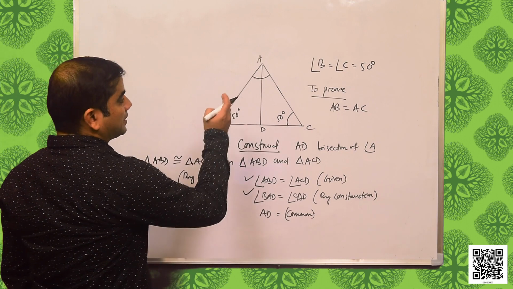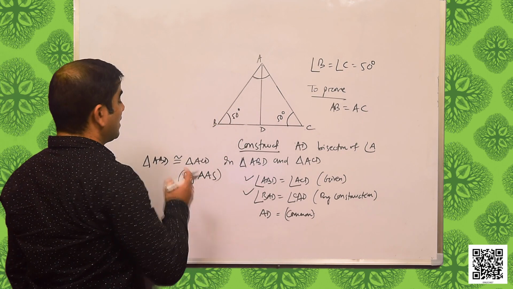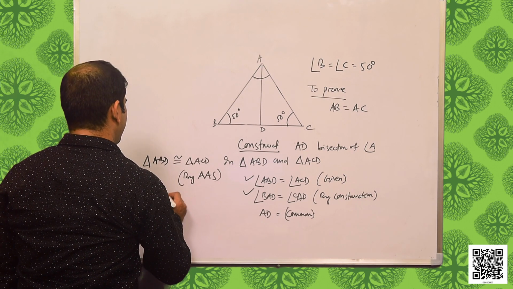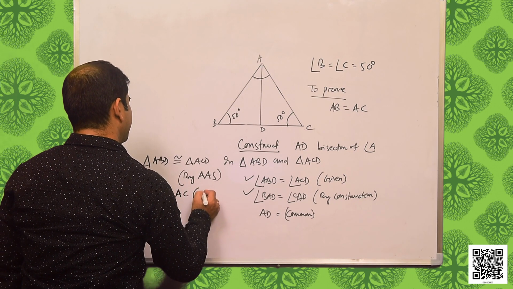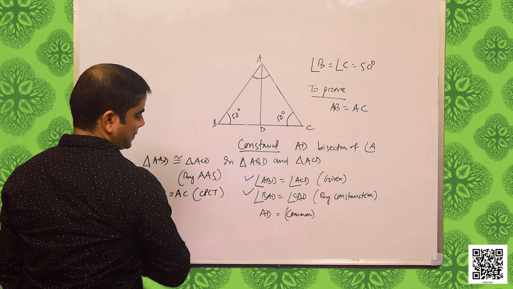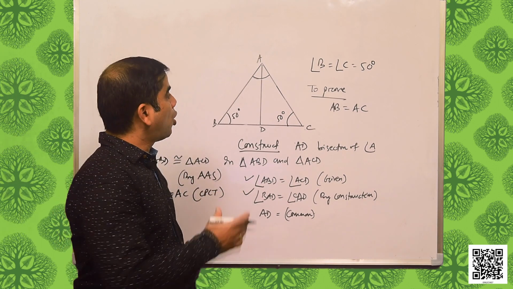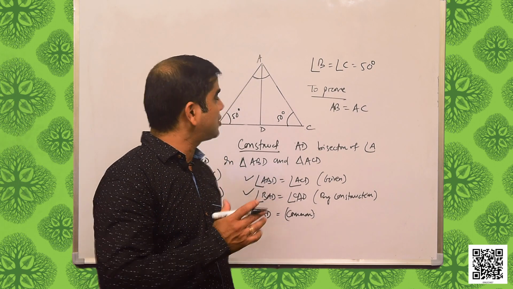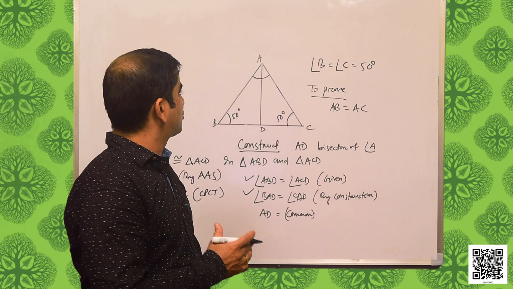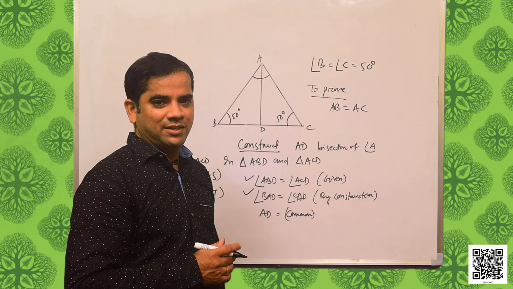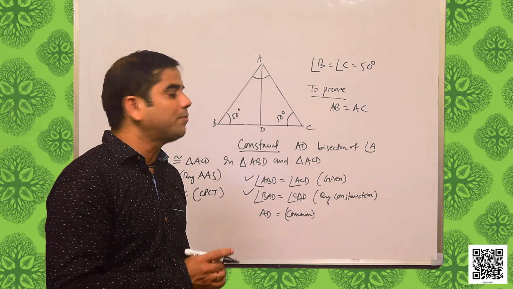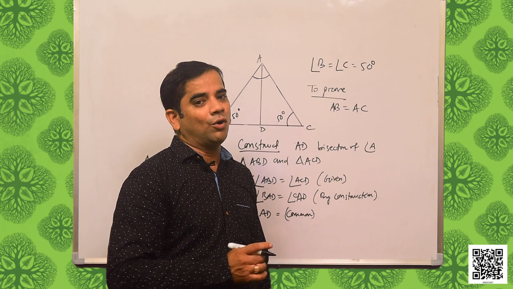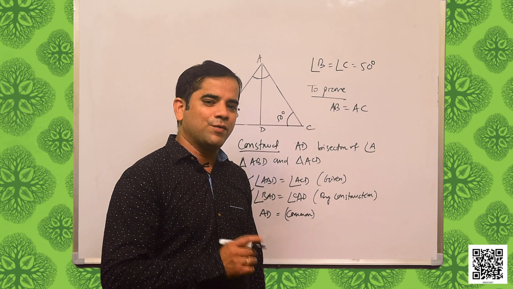So, as these two triangles are congruent to each other, now I can write that AB is equal to AC, CPCT. So it is proved that the opposite sides of the equal angles of any isosceles triangle are also equal to each other. So we have come to the conclusion that the converse of the theorem holds true. Okay, hope you have understood.